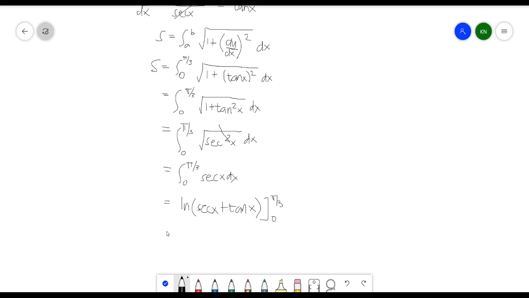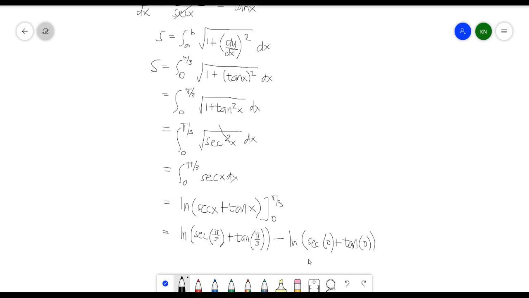Now substituting our upper and lower limits into our resulting function, we have ln of secant pi over 3 plus tangent of pi over 3, minus ln of secant of 0 plus tangent of 0.